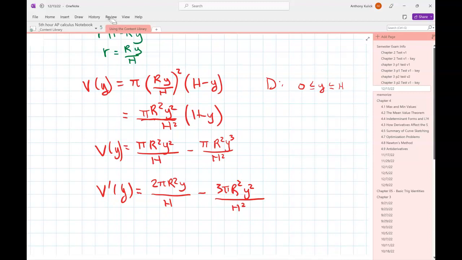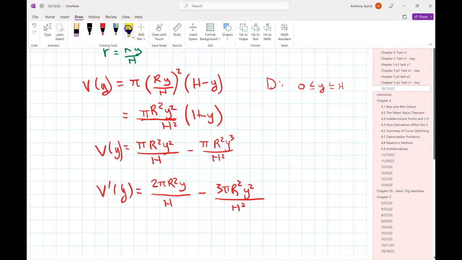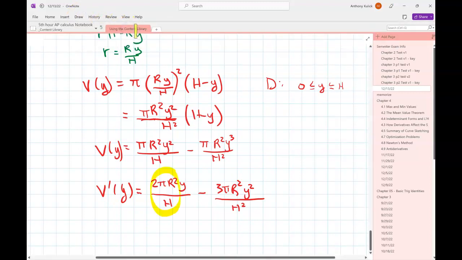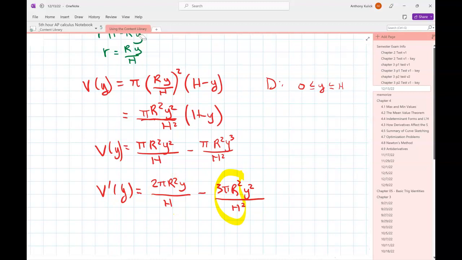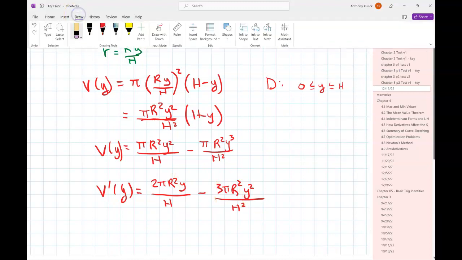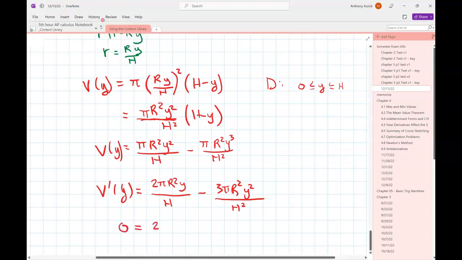If it doesn't exist. Now, what kind of function is this derivative? It's a polynomial, right? Because it's just like a constant times y minus a constant times y squared. Polynomials exist everywhere, so the only thing I have to care about is where the derivative is equal to 0.